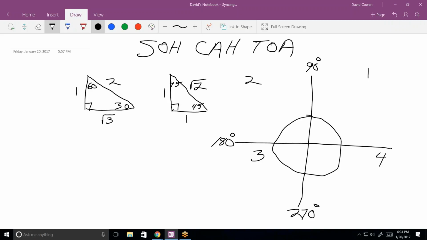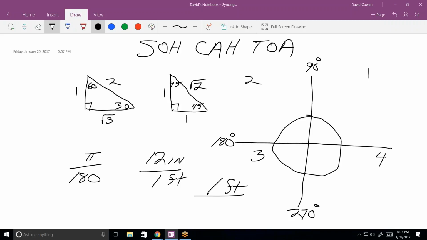So one quick thing about that. Isn't that conversion the same as substituting 180 for pi? Yeah, that's why the conversion factor is pi per 180. Just like I would say 12 inches per 1 foot, I could also say 1 foot per 12 inches.